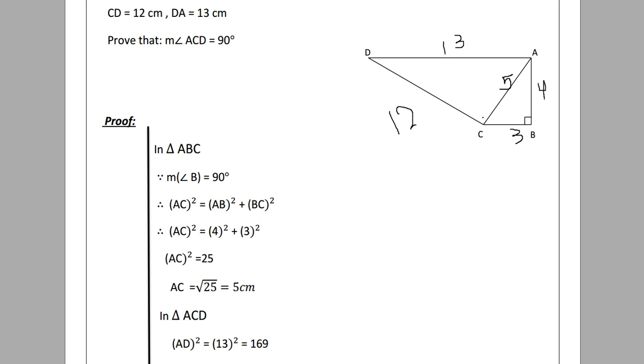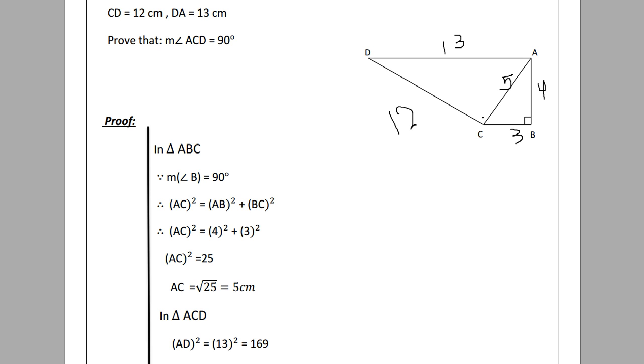So what is the right angle here? Is it the angle D, the angle DAC, the angle DCA? It is the angle opposite to the greatest side, the side with length 13. So what is the angle opposite to side DA? It is the angle ACD. So the angle ACD is a right angle, and this triangle is a right angle triangle.